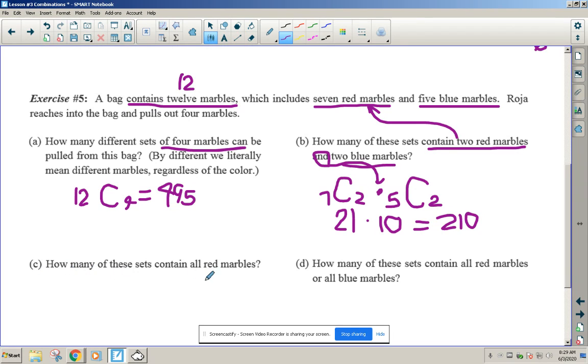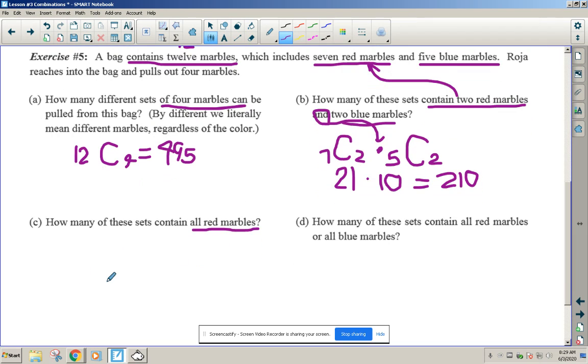Part C, how many of these will contain all red marbles? So now it's like we really only want the red. Well, there were 7 red, and we chose 4. Well, 7C4 is 35. And how many of these sets will contain all red, which we just saw was 35. That was our 7C4.